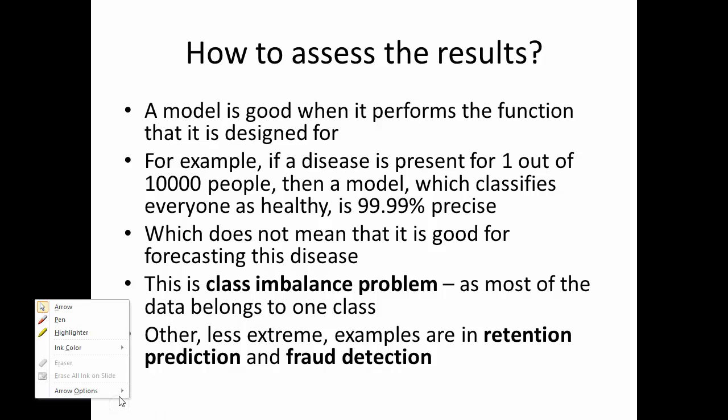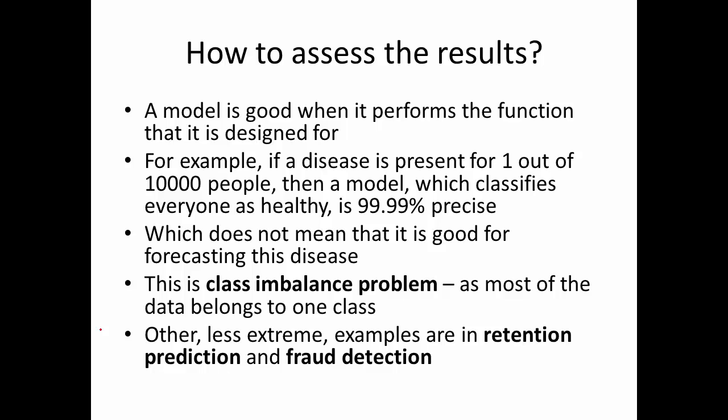To wrap the lecture part up and then go to SAP GUI for a churn problem that we're going to consider next, I would like to say that we always need to know how to assess the results. A model is always some kind of simplification for a special purpose, so it's good when it performs the function it's designed for. For example, if a disease is present for only 1 out of 10,000 people, and we make a model which says that everyone's healthy, then this model is 99.99% precise, which doesn't mean that it's good for forecasting a disease.